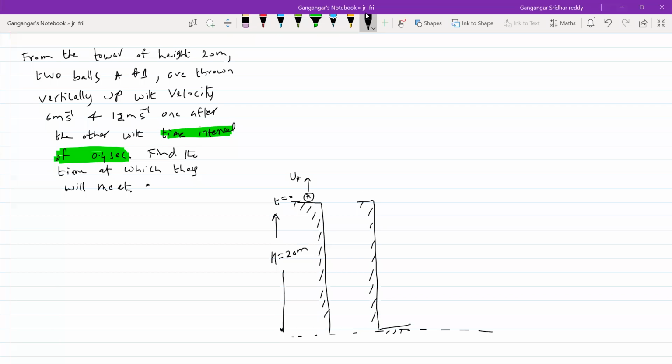So ball B will now come into the picture. After what time? After 0.4 seconds. So here you write it, say some t dash or say t naught.